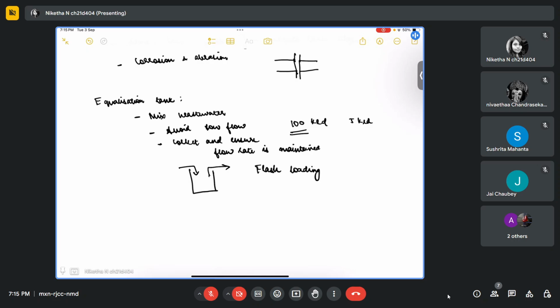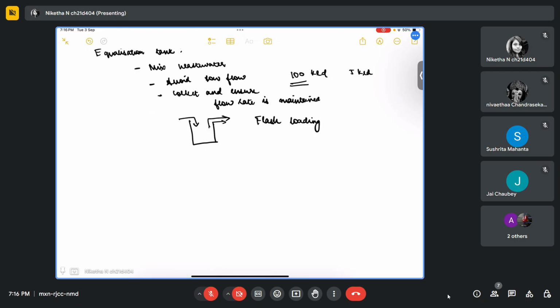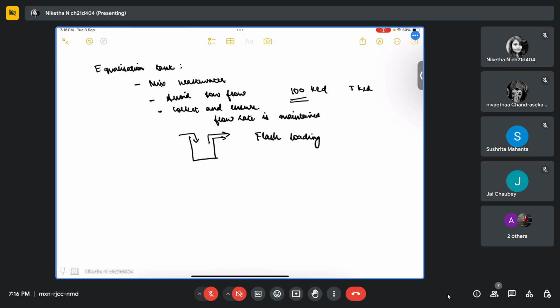To avoid that, we have an equalization tank to ensure the flow rate is maintained properly. When there are high flows, it will reduce the flow at the outlet, and when there are low flows, it will collect the wastewater accordingly and then let it out, so that the capacity of the sewage treatment plant is maintained properly.